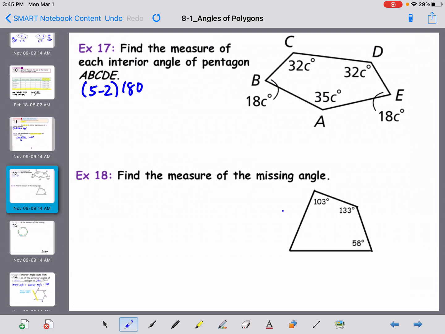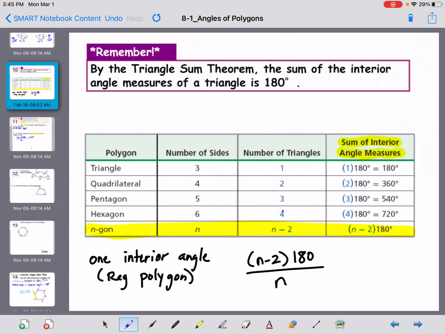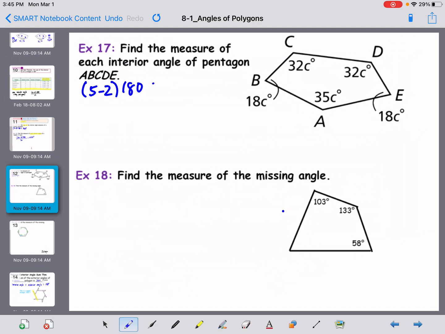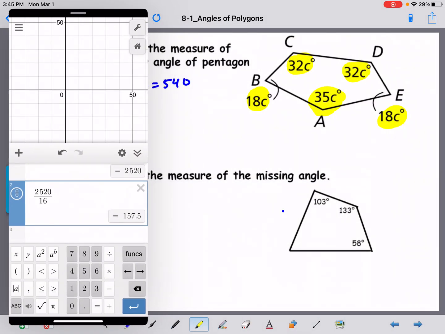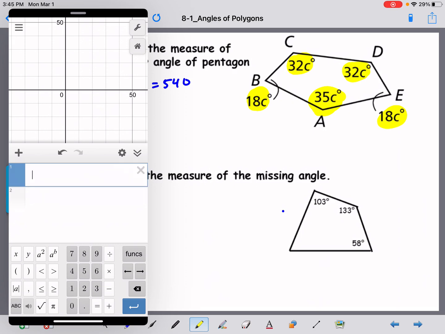Or I can look back on this slide, and a pentagon has 540 total. So if I add all of these angles up, it would equal 540 degrees. So I'm just going to pull out my calculator and type this stuff in. Remember, I got to type in an x.